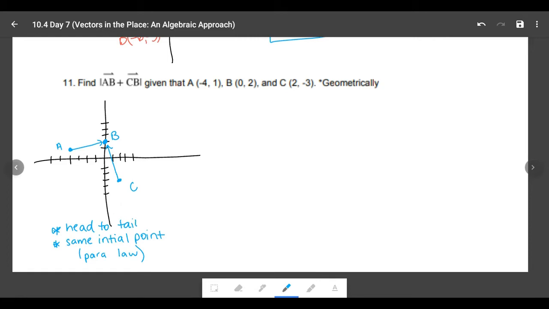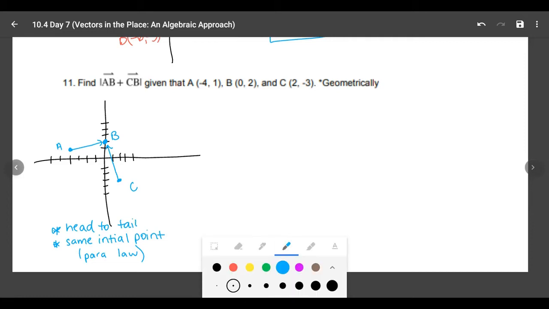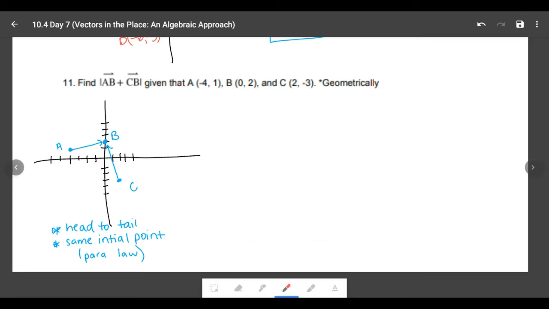So because our vectors AB and CB are neither of these right now, let's go ahead and make it into one of these. So I'm going to choose to make this problem into a head to tail so that we can find the addition of these two vectors. So what I'm going to do is I'm going to take vector AB and I'm going to move it so that point B is the same as point C. Between B to A, I need to go down 1 and to the left 4.